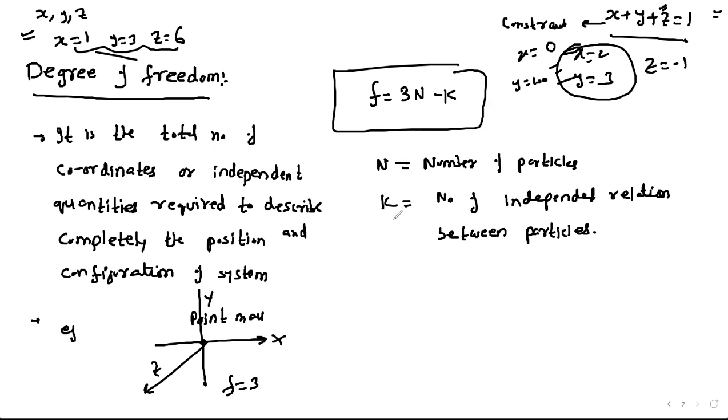So k is basically a constraint. So if you have three particles and you have one constraint, the degree of freedom decreases by a factor of 1.